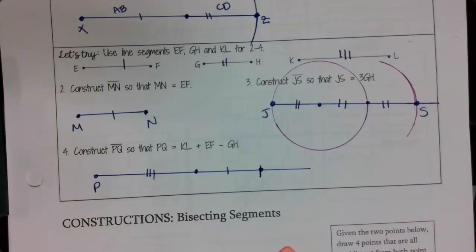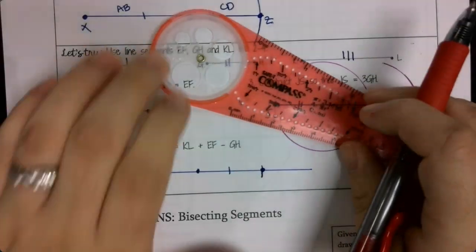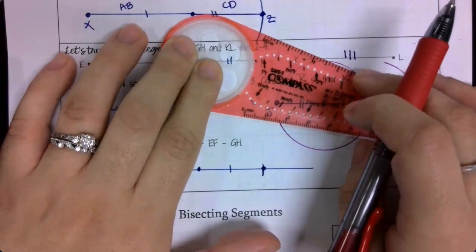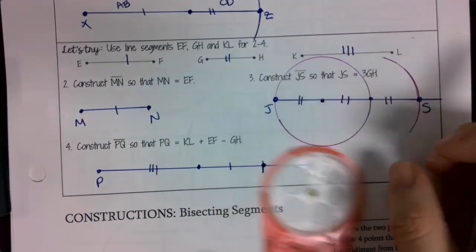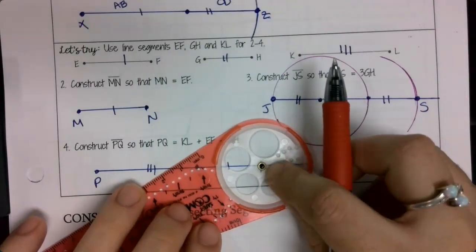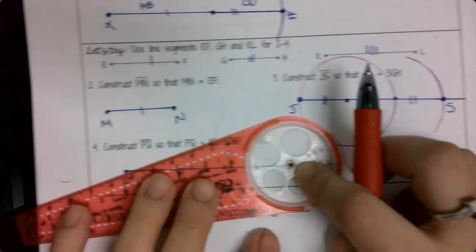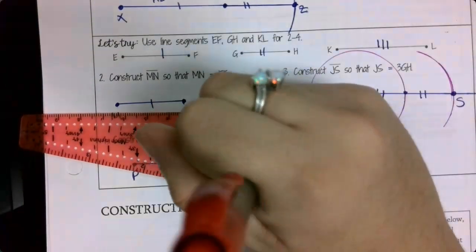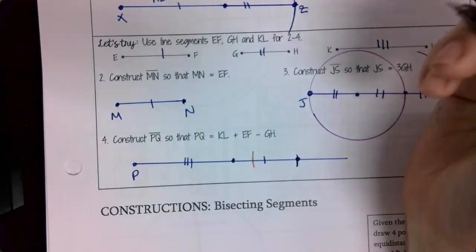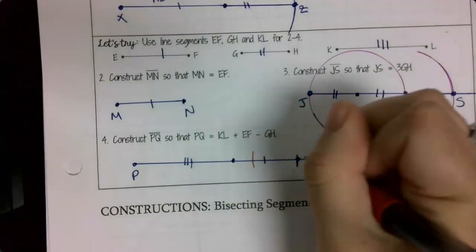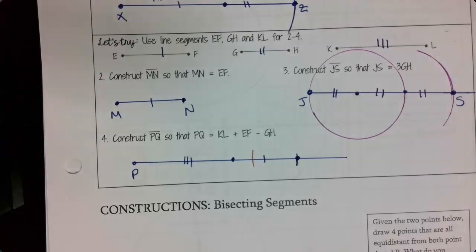Then it wants me to take away GH. So for this one, I'm going to go to my end point and line up my golden part of my compass. And then I'll mark where that crosses. So from this point to that red part, yeah.